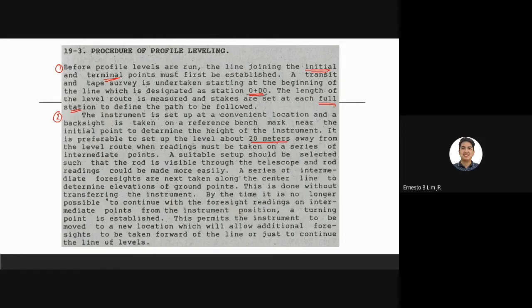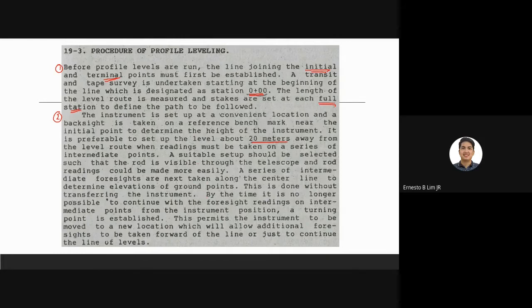A suitable setup should be selected such that the rod is visible through the telescope and rod readings can be made more easily. A series of intermediate foresights are next taken along the center line to determine elevations of ground points. This is done without transferring the instrument.